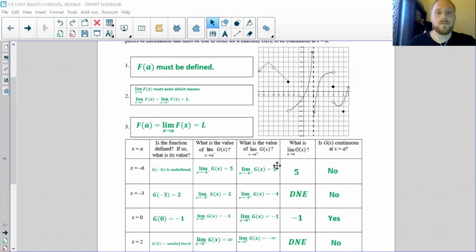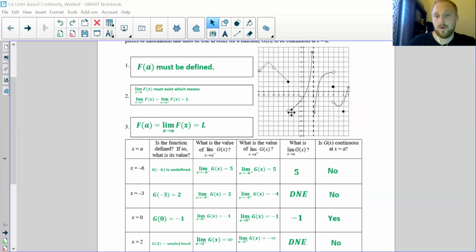That's what this table of values is showing: whether the function is continuous at a certain x value. Let's take an example, when x equals -3. Is the function defined? If so, what is its value? We look at where x equals -3, and it's defined at this value here, and it's 2. What's the limit from the left? The limit from the left is 2. What's the limit from the right?